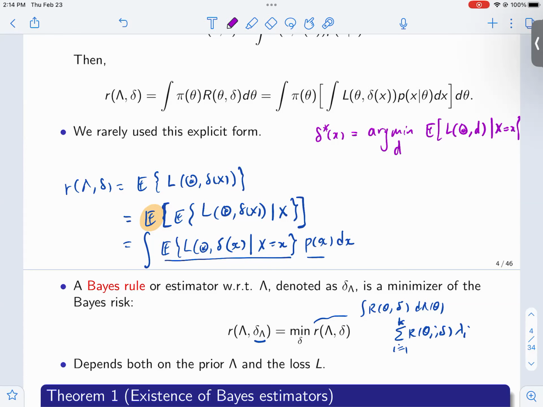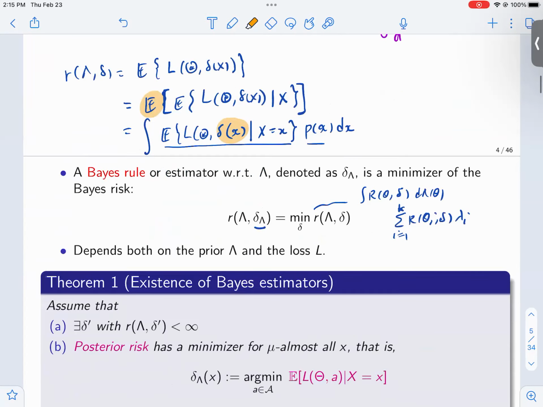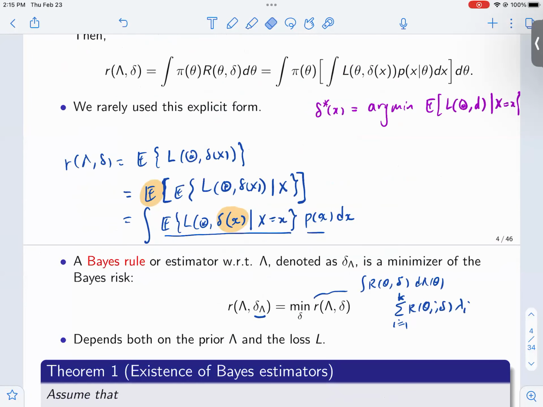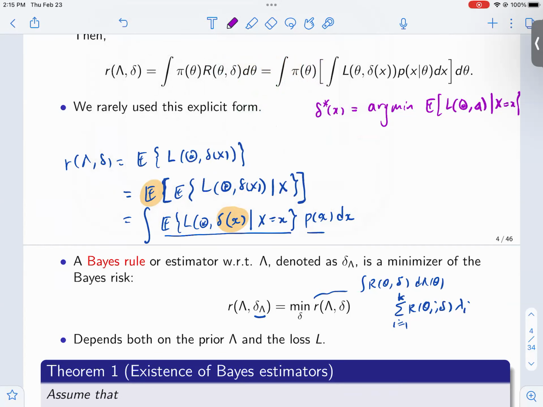The decision here is like a number, so this is up to me to choose. I'm going to put a D there, or an action a, and minimize over it. This is the dummy variable. Whatever a minimizes it for a particular x, that would be my decision for x. If you give it a moment of thought, that's going to be the optimal rule.